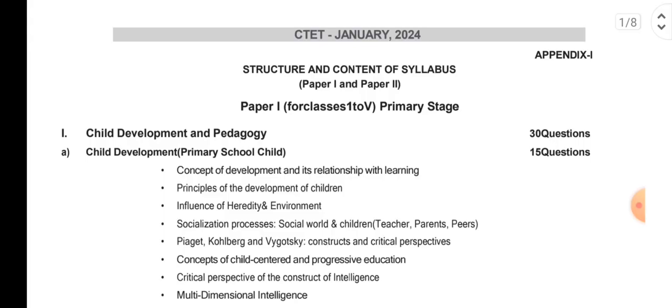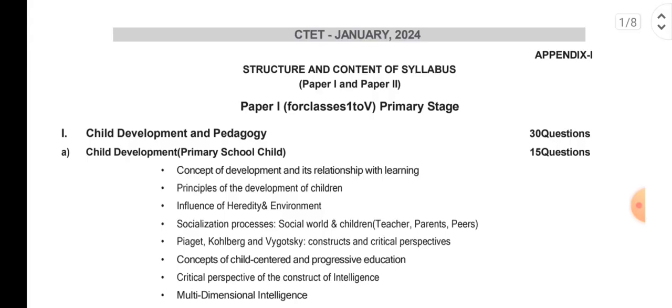If you pass this exam, you are qualified to apply for different government jobs under the education department, right? So that's why we write the CTET exam. Many of you might not know what the CTET exam is, and the salary structure is also very good. Let me not mention the amount, but the salary is very, very good.